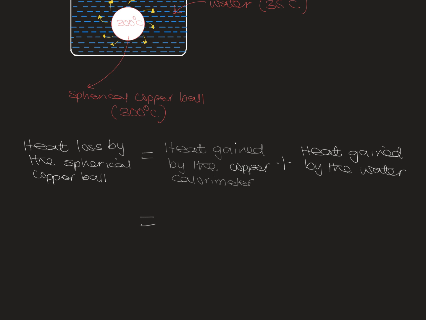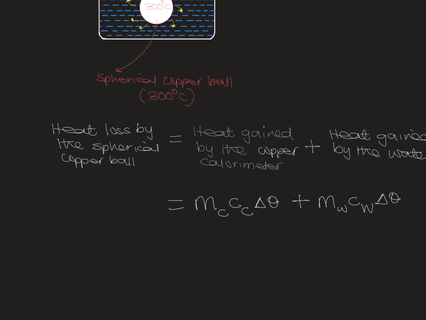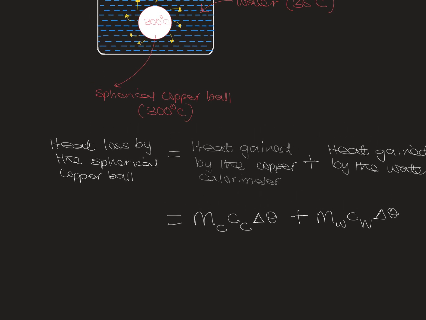Since there is a change in temperature, for the heat gain by the calorimeter, we can say it is mass of the calorimeter, specific heat capacity of the calorimeter, times the change in temperature, plus the heat gain by the water, which will be the mass of the water, specific heat capacity of water, times the change in temperature. What of the spherical copper ball?